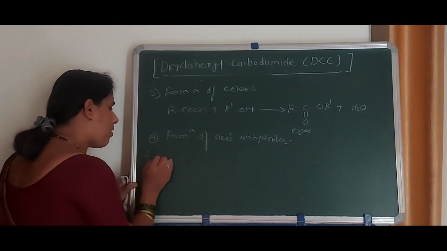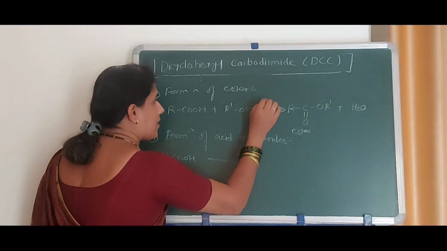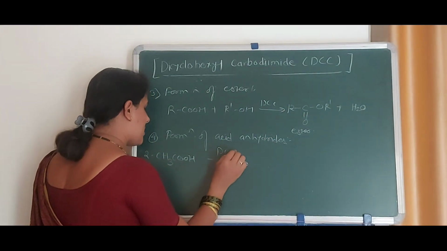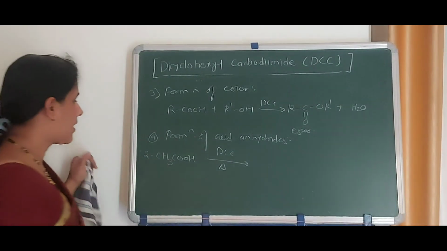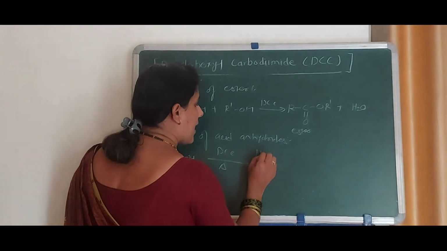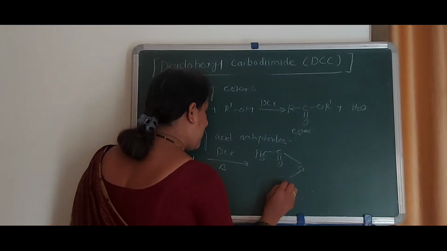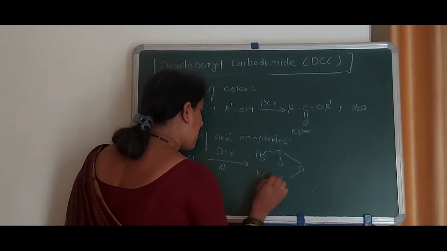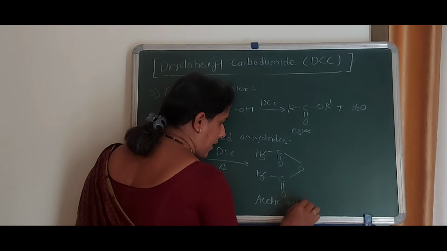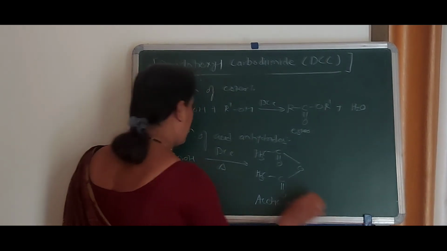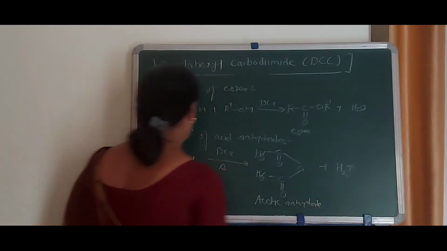When 2 molecules of acetic acid are used in presence of DCC, there is formation of acetic anhydride, CH3CO O CO CH3, plus removal of water by the dehydrating agent.